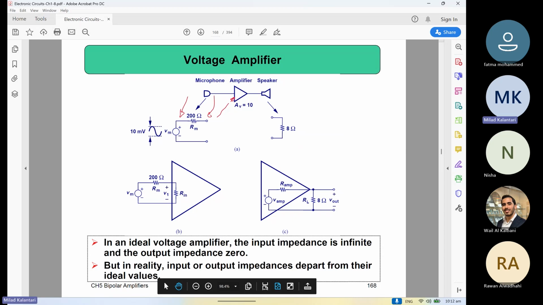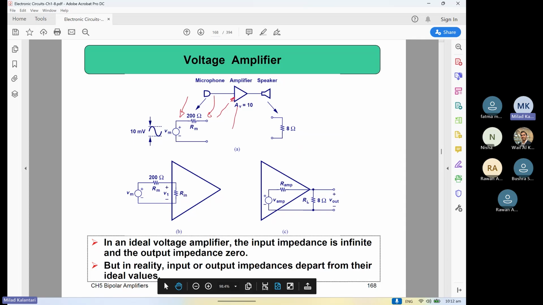So every amplifier has some input resistance, as shown here. The input is not infinitely large. It has some limited impedance. So once you connect the microphone to this, you will see a voltage divider between the voltage generated by the microphone and the input of the amplifier, because of the limited input impedance of the amplifier.